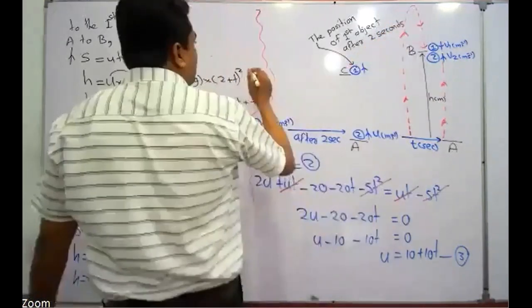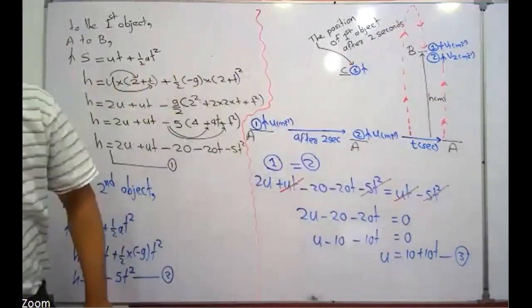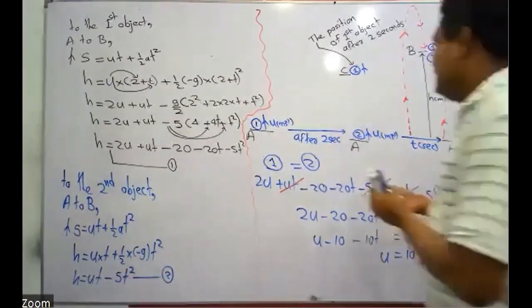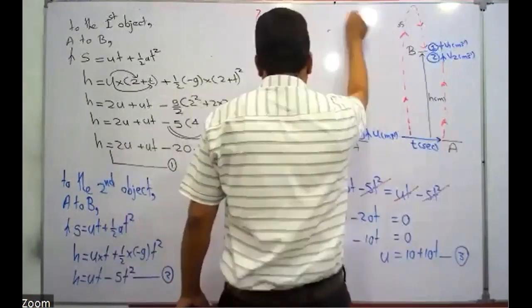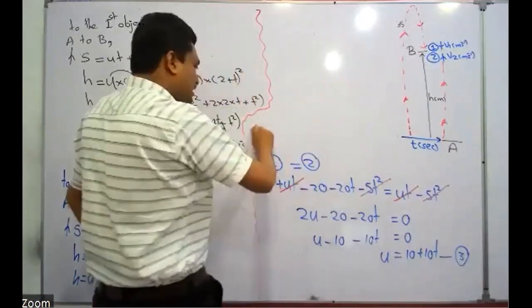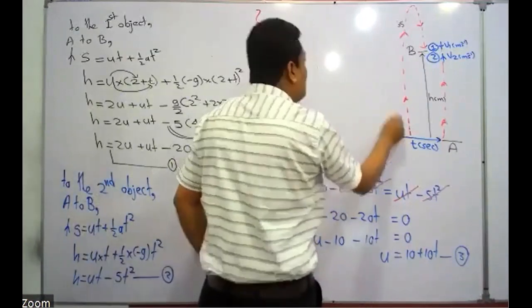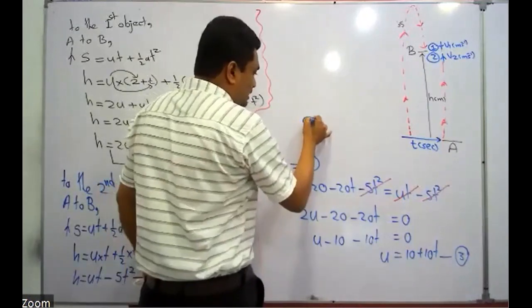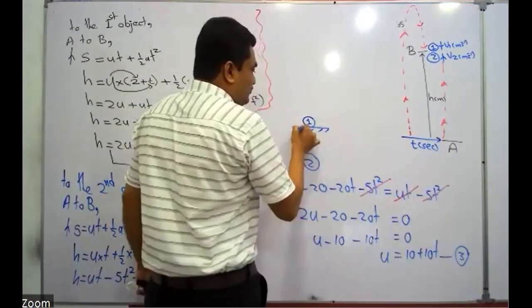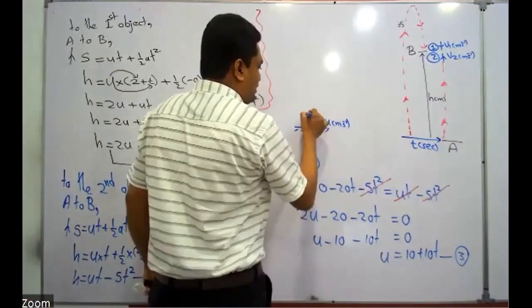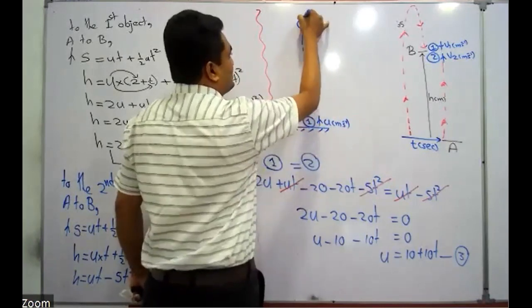So, if I consider that motion separately, if I erase all these things because now I have used them all, and consider only the motion of the first object, look at the board, its velocity is u meter per second, and it reaches its maximum height.